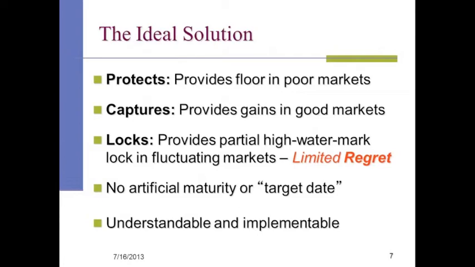Although we might like to think we're going to retire at some point 35 years in the future, to build an entire plan around that would seem a little bit foolish at this point. And then lastly, clearly, whatever we come up with, it's got to be understandable to the typical investor who would be using it, and it's got to be implementable to the investment concern that's going to be creating it.